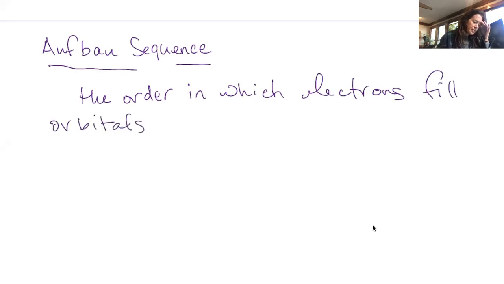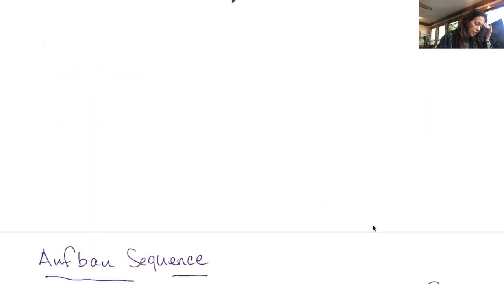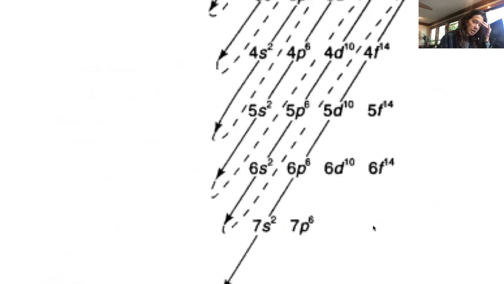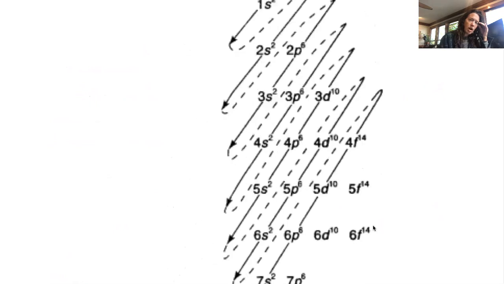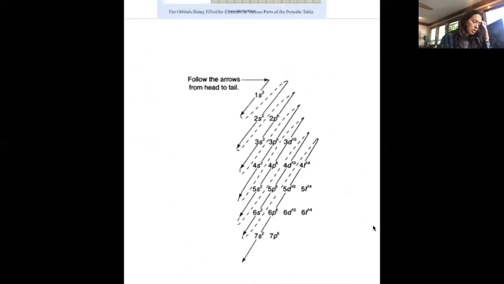That's your Aufbau sequence. It told us that we go to the 1s orbital, then the 2s, then the 2p, then the 3s, then the 3p, then the 4s, the 3d, the 4p.